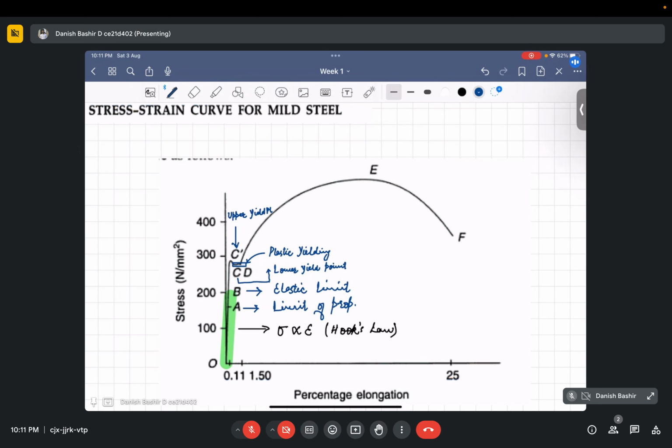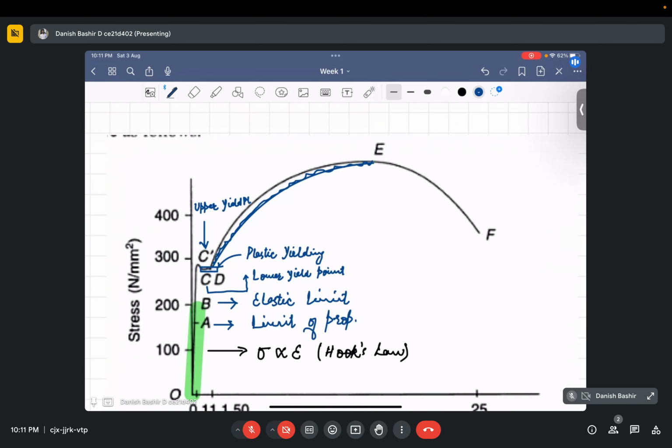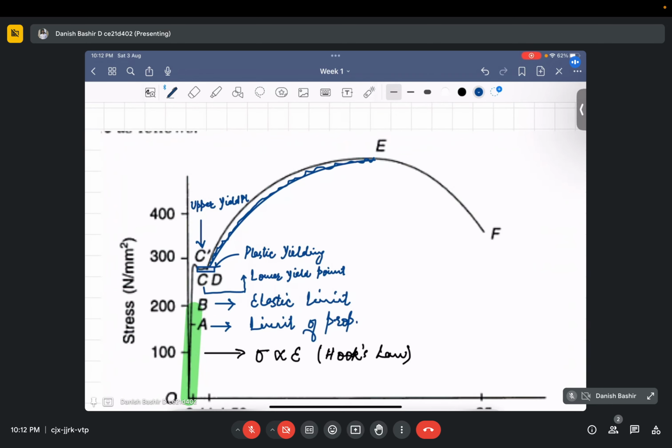Then DE. What is the region from D to E? This region we call the strain hardening region.